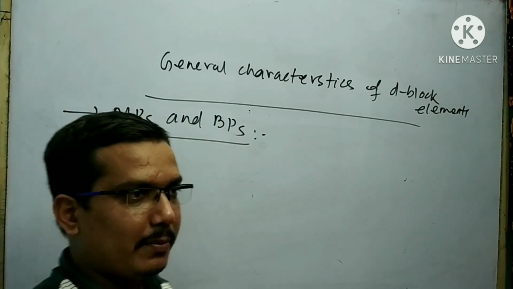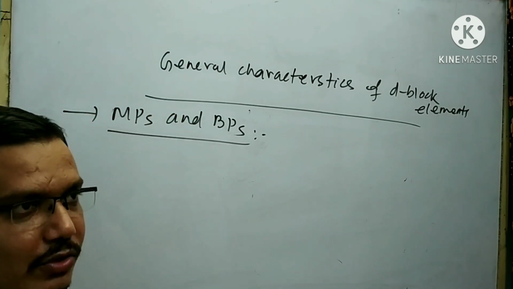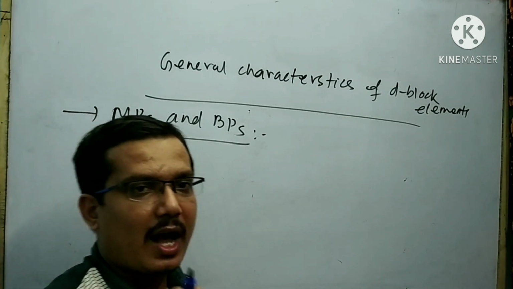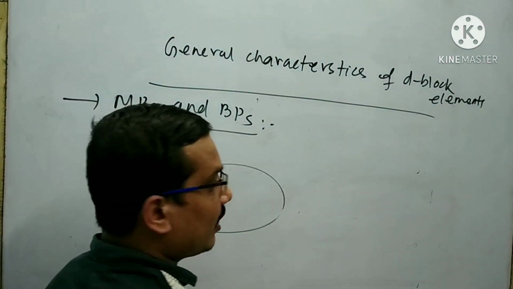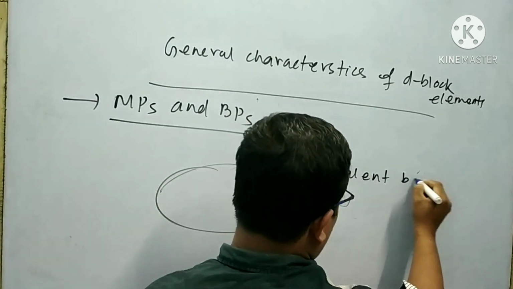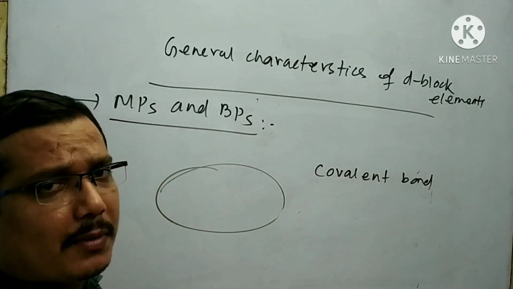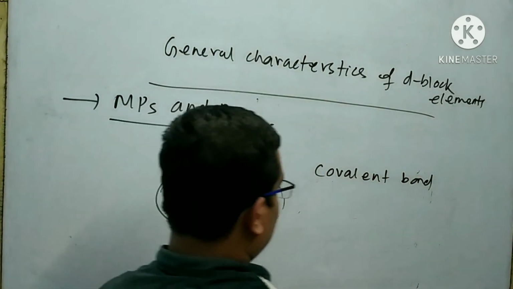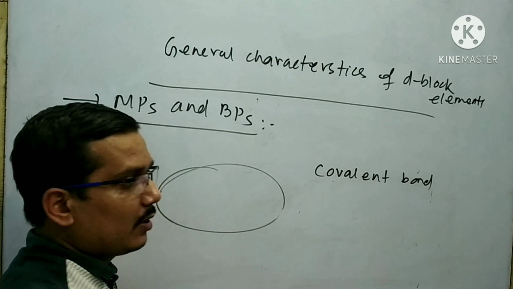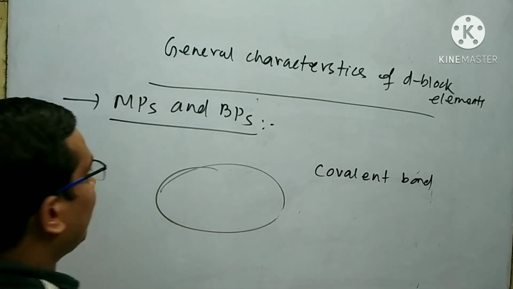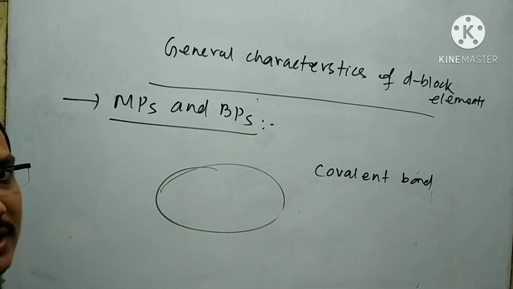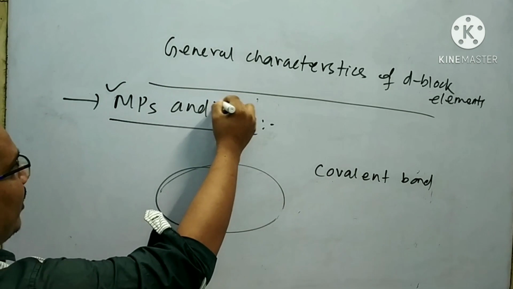That means if an element has a tendency to form more covalent bonds, then that element has a high melting point and boiling point. In such an element the atoms are closer to each other. As a result, more heat is necessary to boil and melt the element. That's why transition elements have high melting points and boiling points.